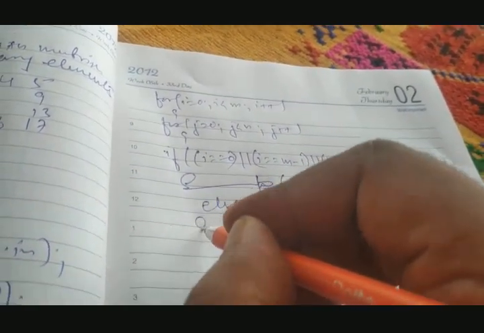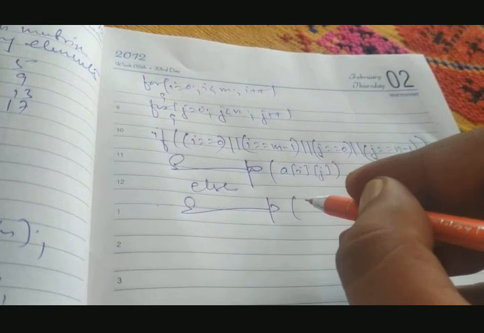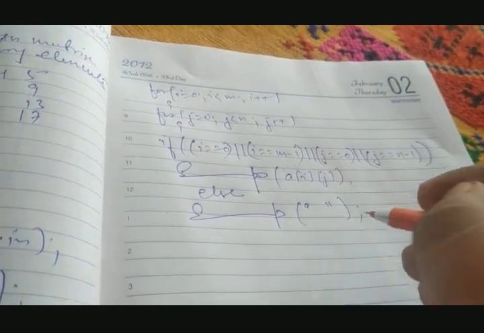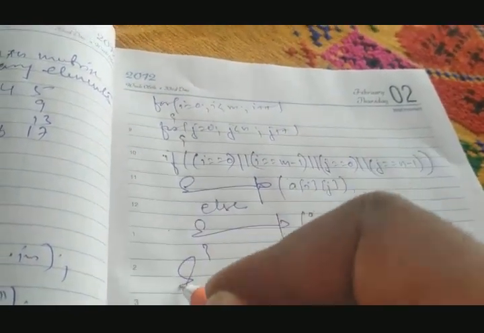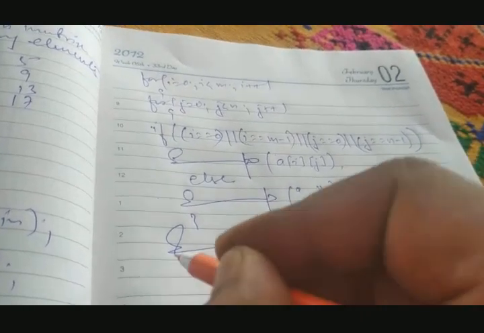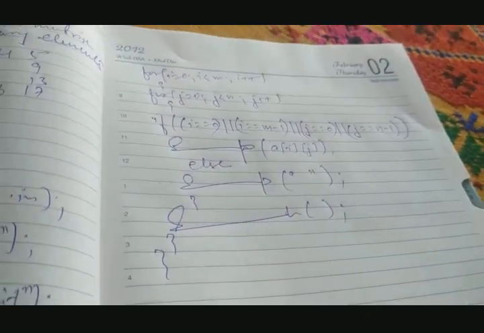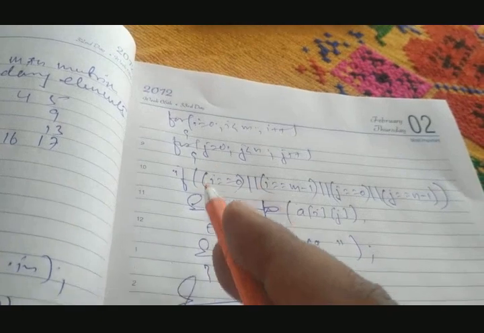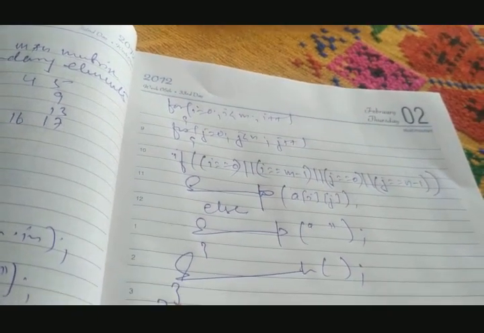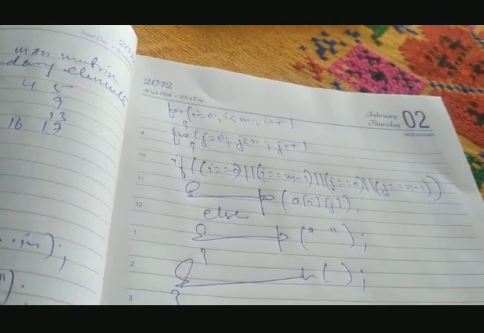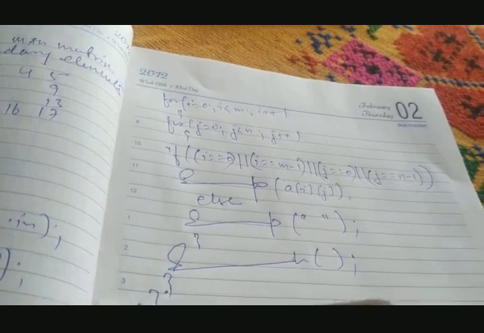Else SOP blank. So blank. Then inner for close, outer for close, main close, class close.